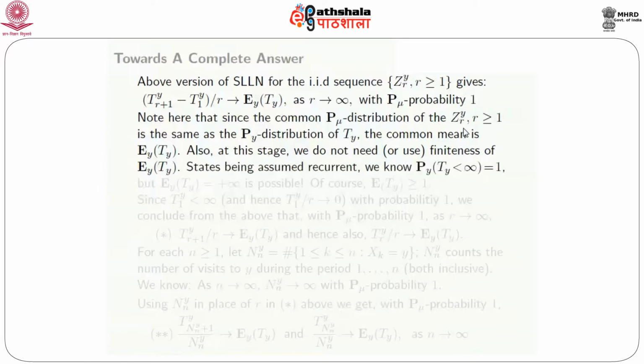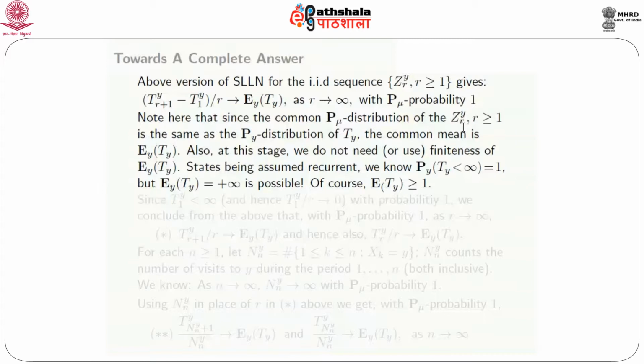Note that the states are being assumed recurrent. So we don't know that py probability that ty is finite is 1. However, it's one thing to say py probability that ty is finite is 1, but it's another thing to say that ty is finite. So ty may be infinity. That's possible. Of course, since ty takes values only greater than or equal to 1, ty would be greater than or equal to 1. There's no question on that.